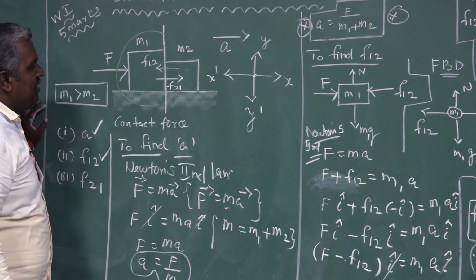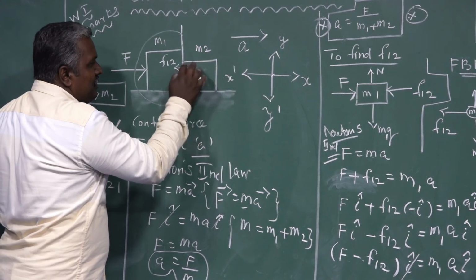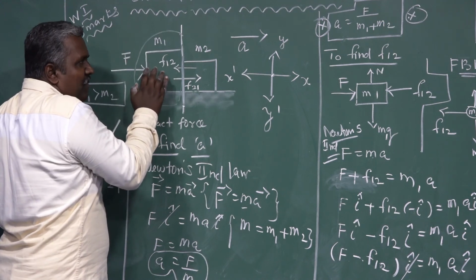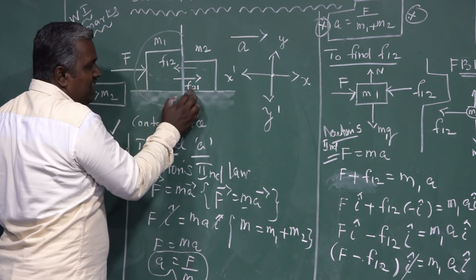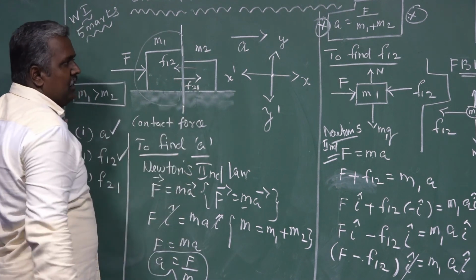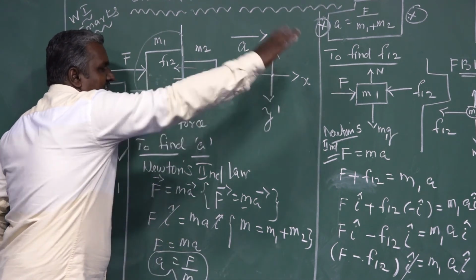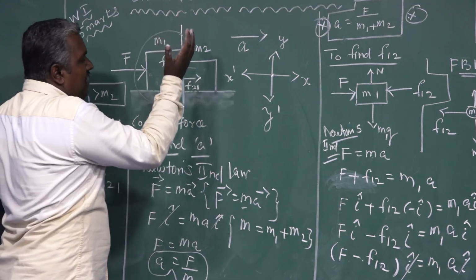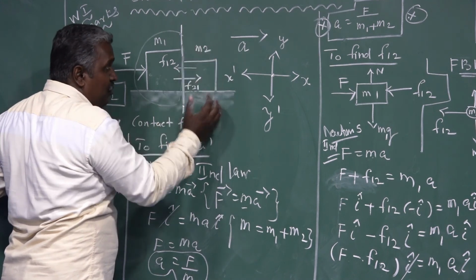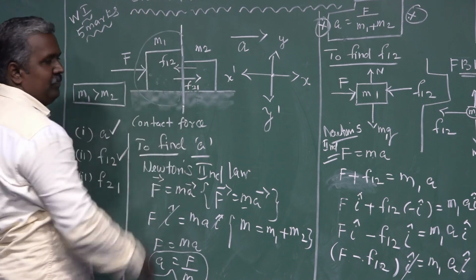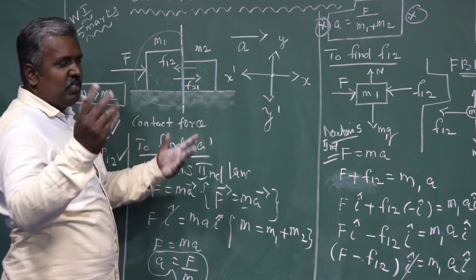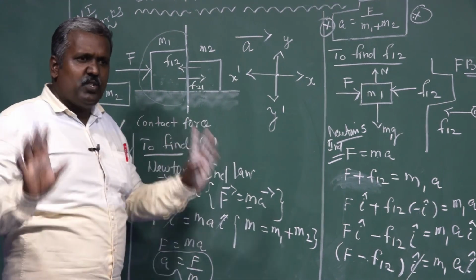The force exerted on block 2 by block 1 is called F21, in the positive x direction. The force exerted by the block of mass M2 on M1 is called F12. Both are equal but opposite in direction. Clear? Any doubt? This is Newton's third law.